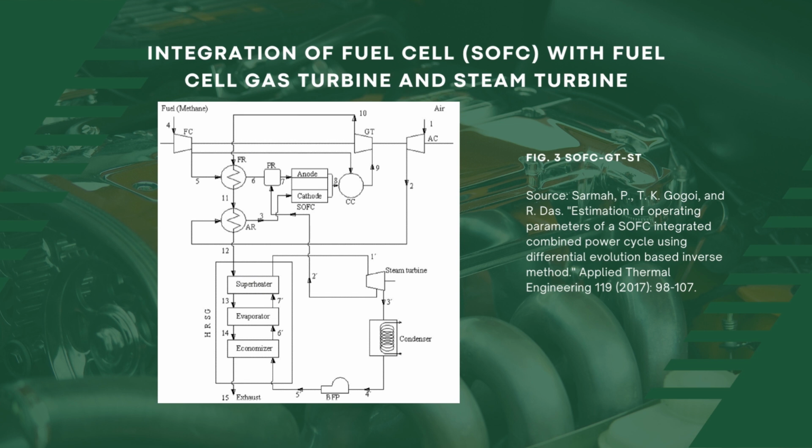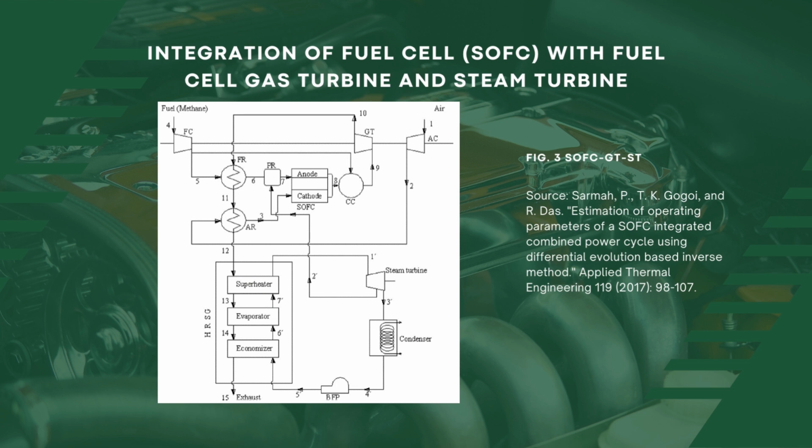The system uses both fuel and air recuperation, utilizing gas turbine exhaust prior to steam production in the HRSG for the steam turbine cycle, which is single pressure. The system schematic has been shown here in this figure. 30% fuel reforming is considered in a pre-reformer, which is achieved by mixing steam extracted from the steam turbine at desired pressure.